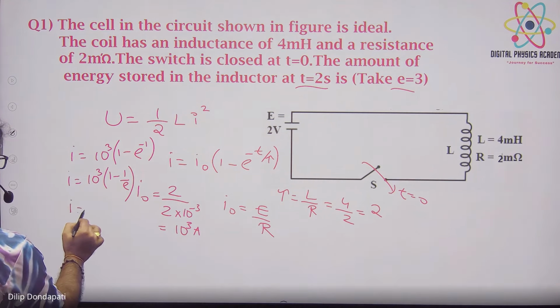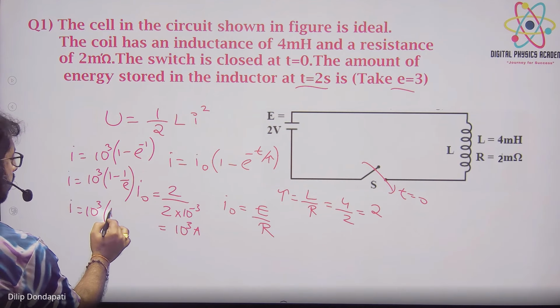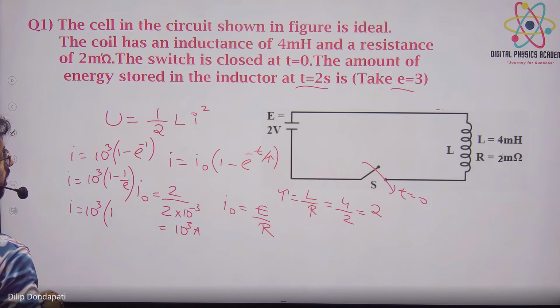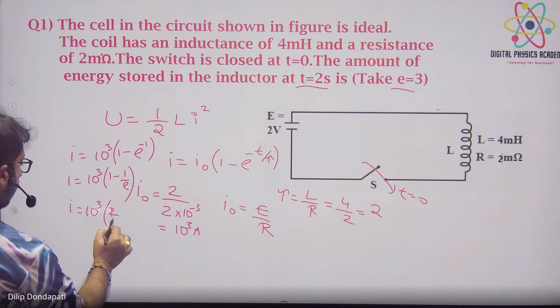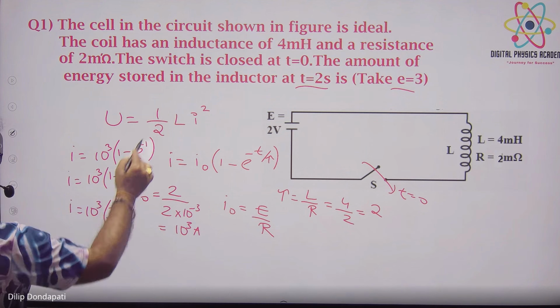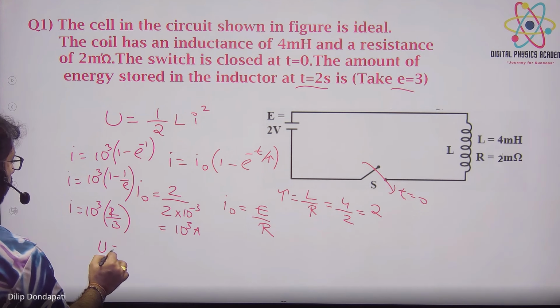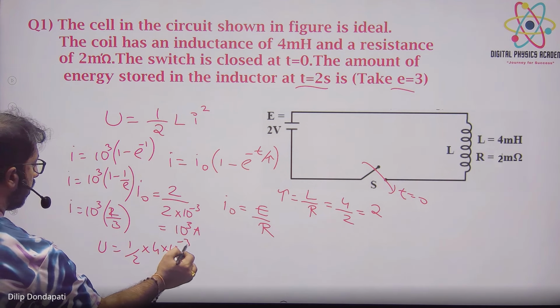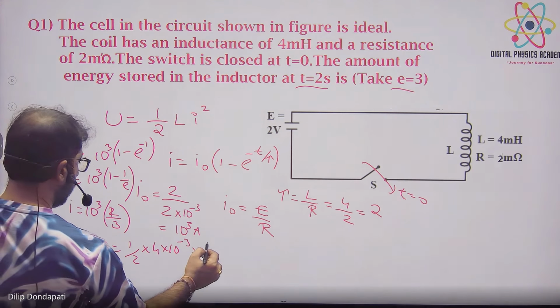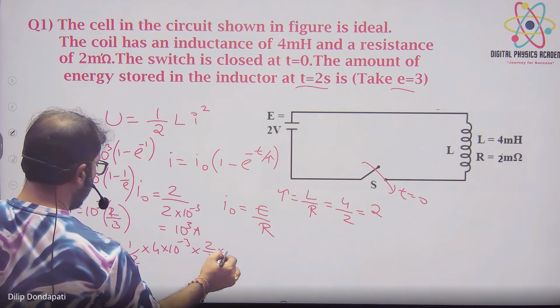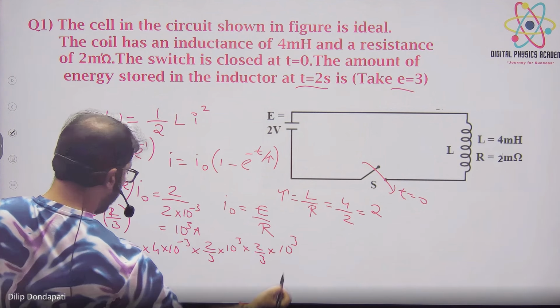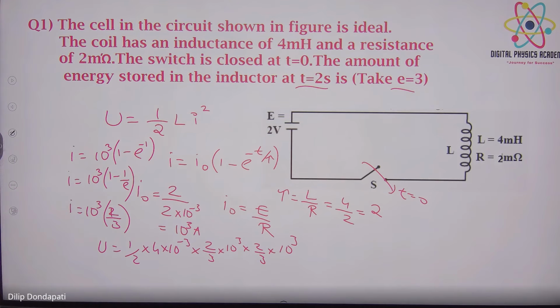So I is equal to 10 cube into 1 minus 1 by 3. So it is 2 by 3 into 10 cube. Okay, now substitute here. U is equal to half into L, which is 4 into 10 power minus 3, into I square. So 2 by 3 into 10 cube into 2 by 3 into 10 cube. If you solve, how much will you get?